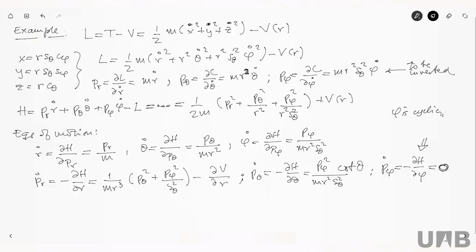So H does not depend on phi, all right? And whenever the Hamiltonian does not depend on a certain variable, the corresponding consequence is that there is a canonical conjugate momentum whose derivative is 0. So that means that p phi is a constant.